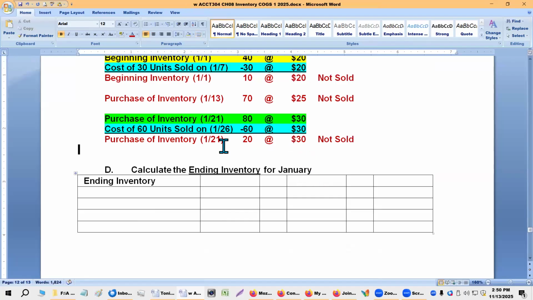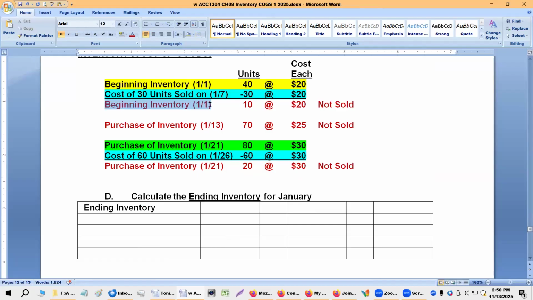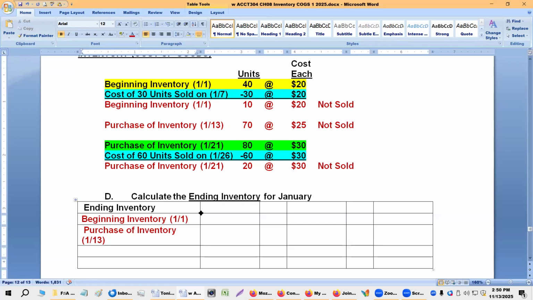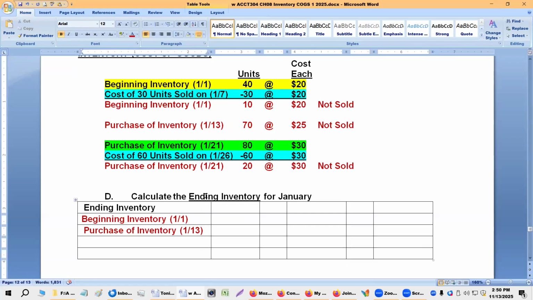So ending inventory. From the beginning inventory, we have some. From the 13th, we still have some. And from the 21st, we still have some. Let's see, we have 10 at $20.